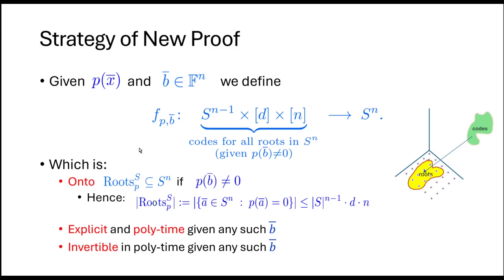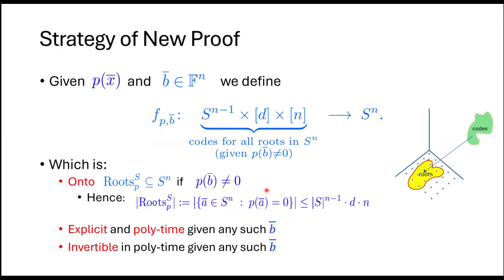So if b is indeed a good point, then F_{P,b} is going to be onto the set of roots.